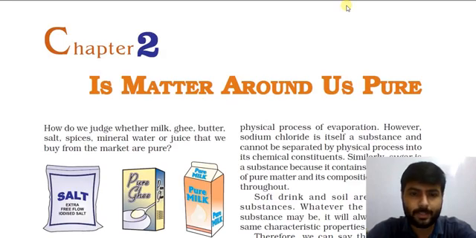In the first chapter, we have seen that everything around us is made up of some material that scientists call matter. It means that everything around us is made up of material called matter.